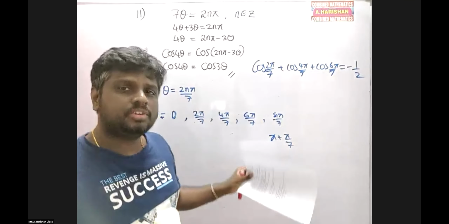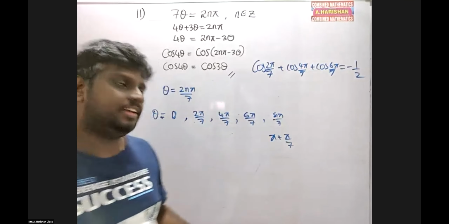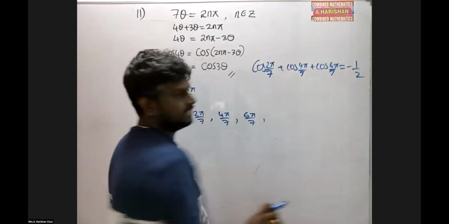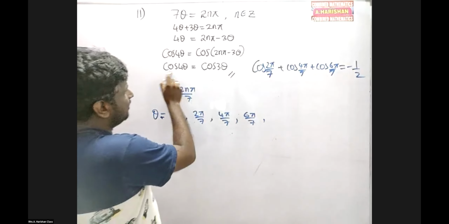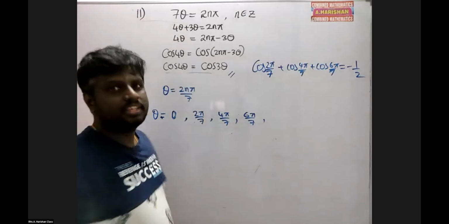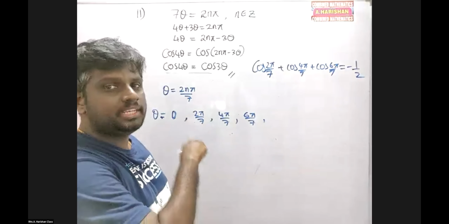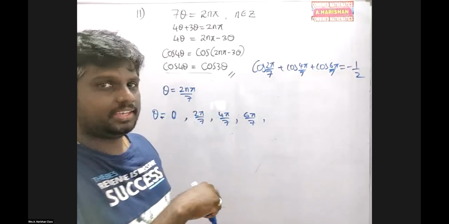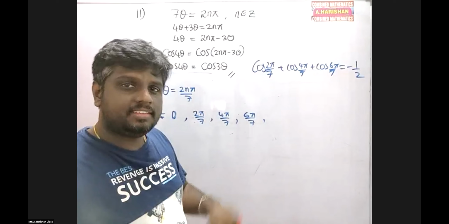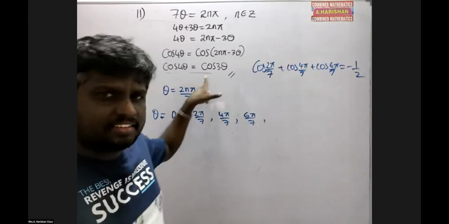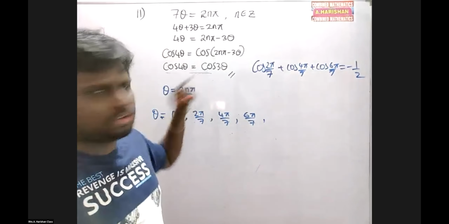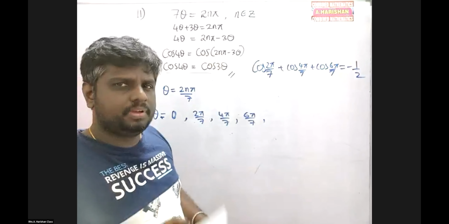But why am I not able to put n equals 4? Because I know that this equation has 4 solutions, because of 4 theta, that is our aim. If it's 2 theta and 3 theta, then 3. If it's 2 theta and theta, then 2, right? Have you seen cos 4 theta and cos 3 theta somewhere else?